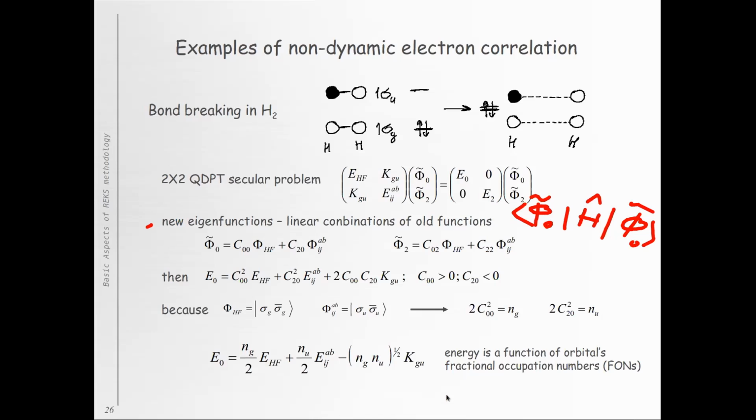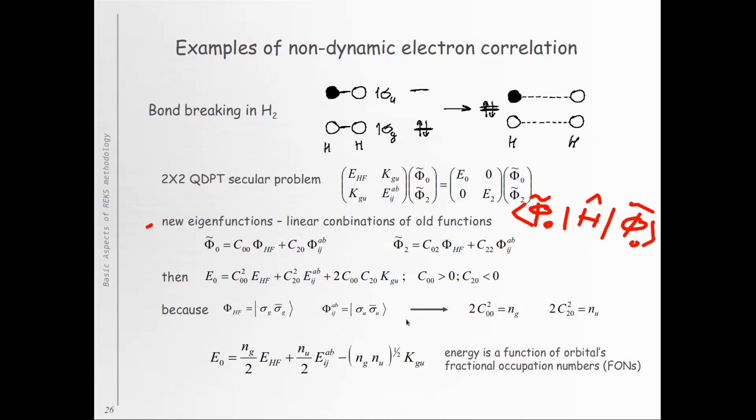This is very simple because the eigenvectors of a simple 2 by 2 matrix are always cosines and sines. Cosines of some angle are on the diagonal, and on the off-diagonal are minus sine and plus sine.